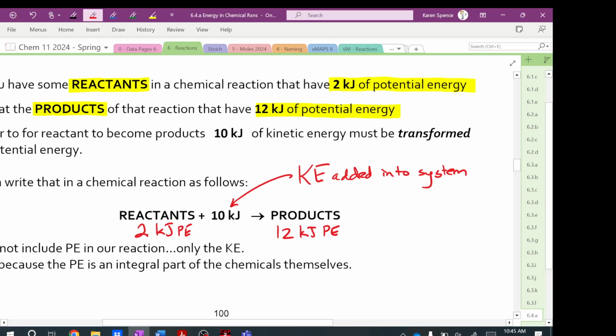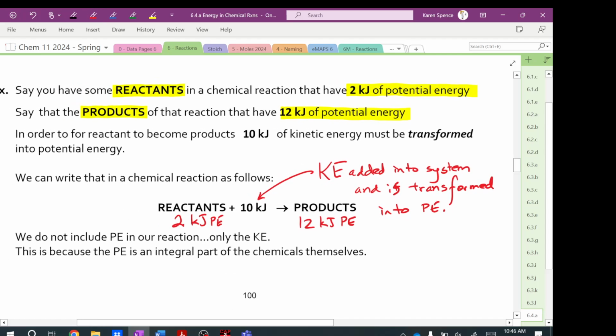No, it is transformed into potential energy. We usually don't write the potential energy in our reactants because it is an integral part of the chemicals, but I will be writing it underneath for now because it is good for thinking about how it works.